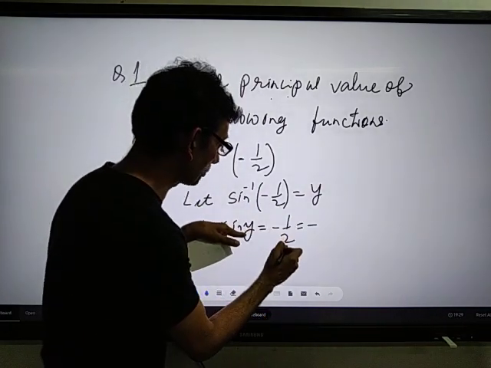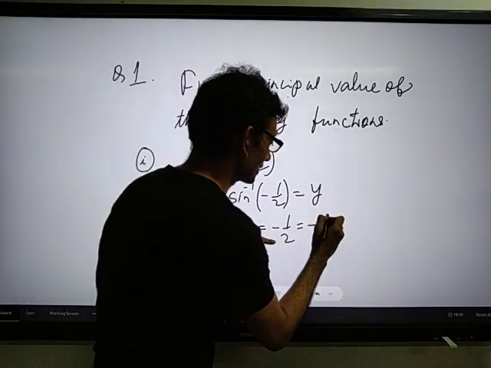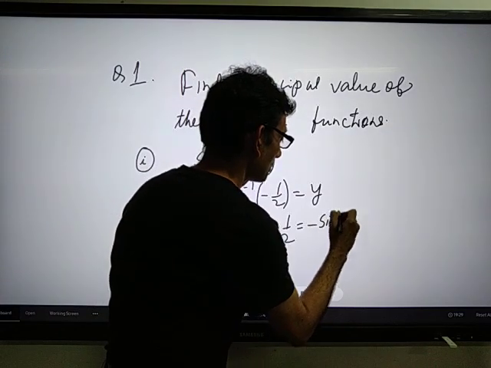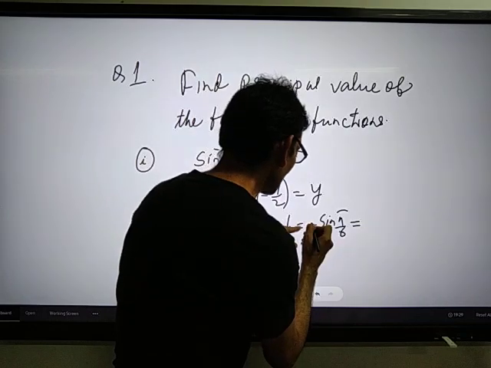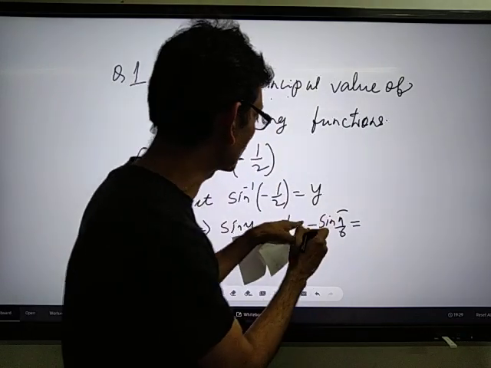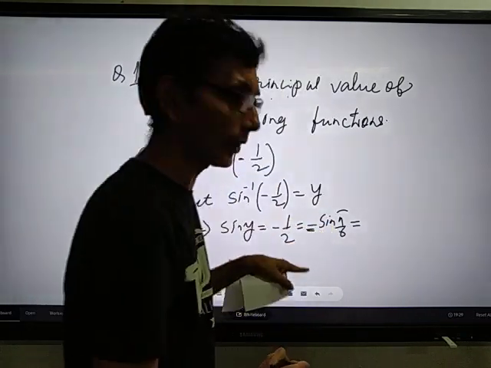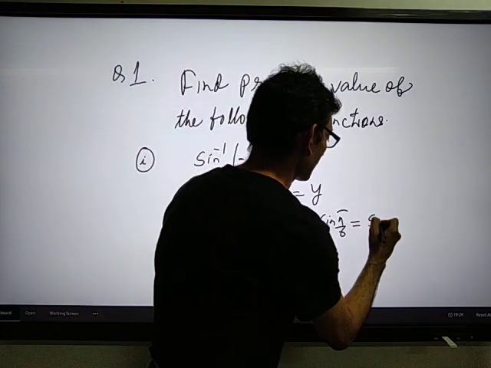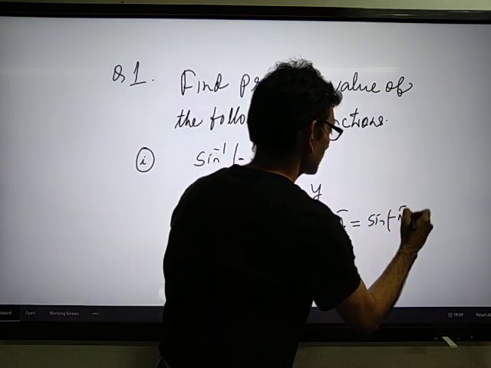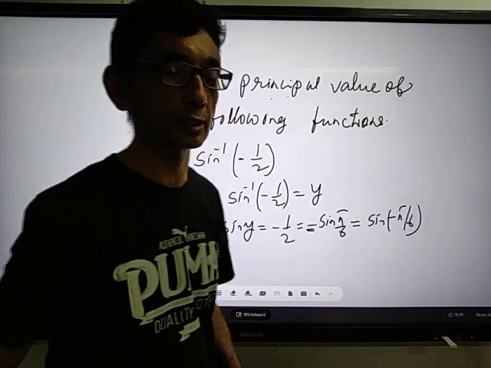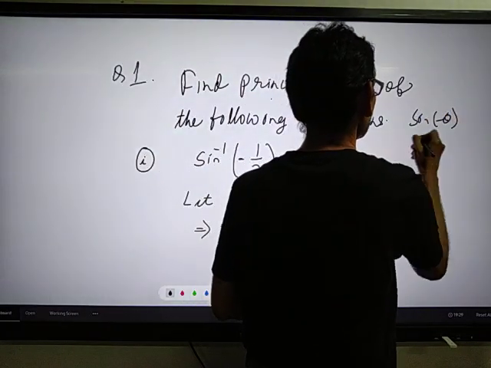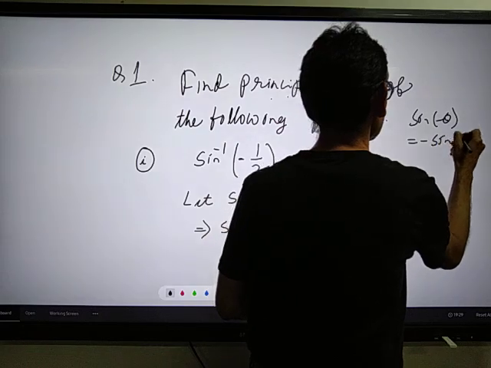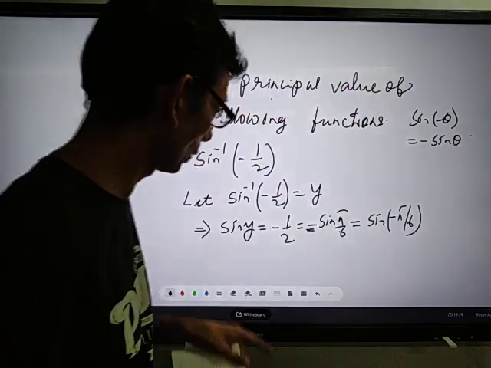Now half, this 1 by 2 in terms of sine, that is sine pi by 6. Now how to simplify the minus sign? This minus can be written as sine minus pi by 6, because we know that sine minus theta equal to minus sine theta.